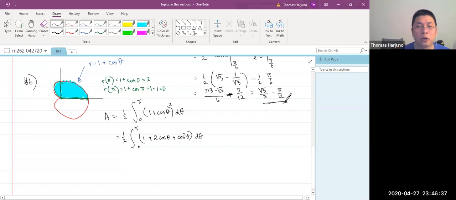Okay, now you will see, let me split it further. This is 1/2 pi for the first term. The first term, later on this becomes this. And then for the second term, this guy here, you will see that becomes, believe it or not, I'll write it down first. This is integral from 0 to pi of cosine theta d theta.